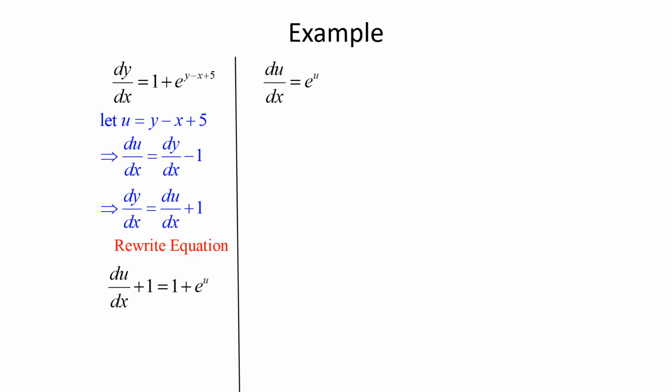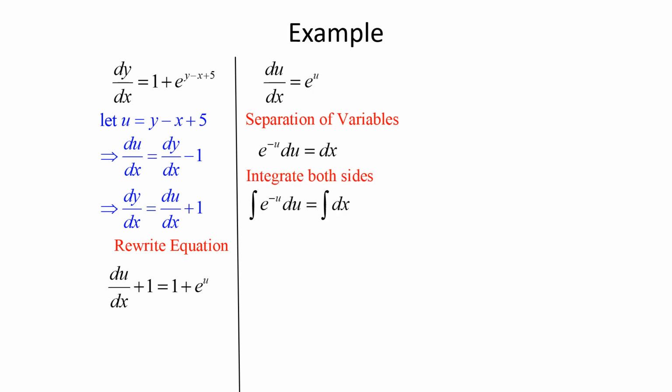And now we can separate our variables. So we'll put all of our u's on the left-hand side by dividing by e to the u. We'll put our x's on the right-hand side by multiplying by dx. So du over e to the u, or e to the minus u du, is equal to dx. Now that our variables are separated, we can integrate both sides.